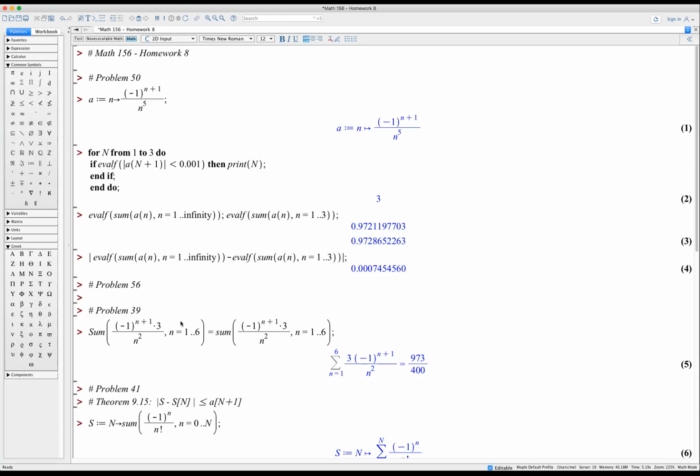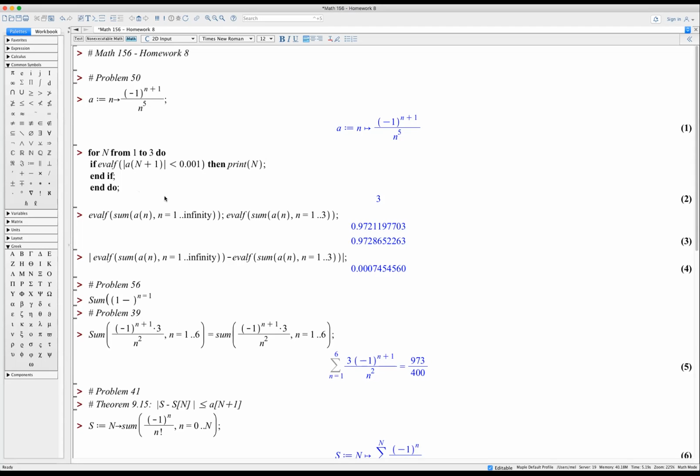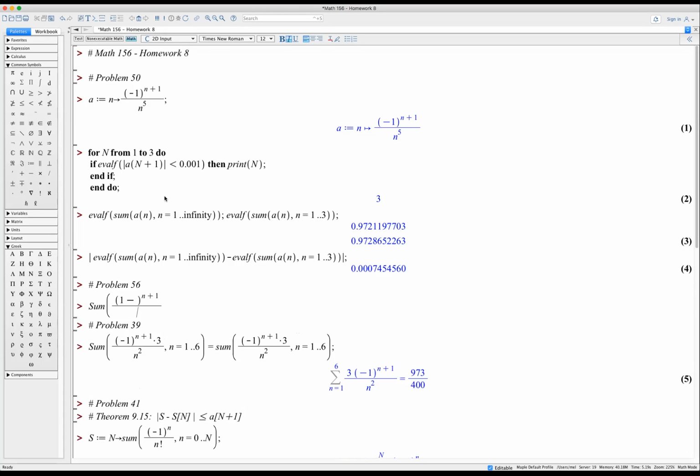So let's just write down the series. The series is the sum of, and what is the expression? It's -1 to the n plus 1, n plus 1 divided by n plus 3.